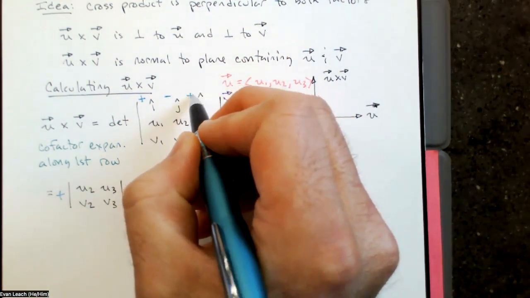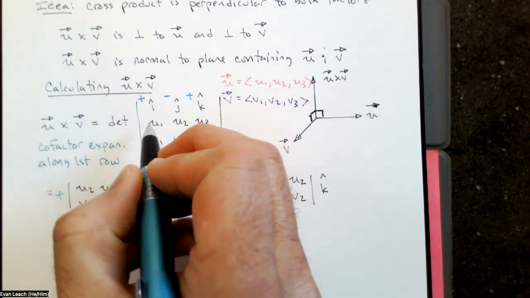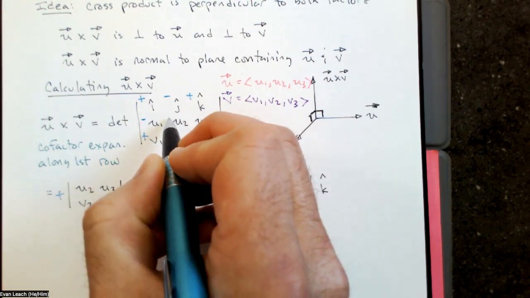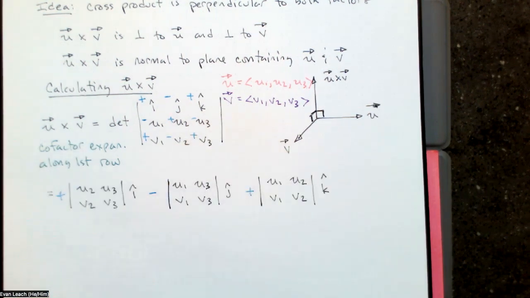First row, third column is a positive term. If we happen to do the expansion down the first column, the first row is positive, the second row is negative, and then positive. There's this alternating sign pattern when you're calculating a determinant.